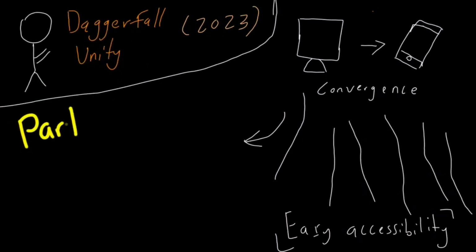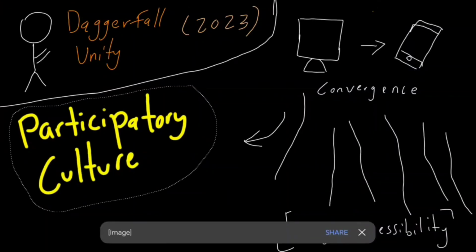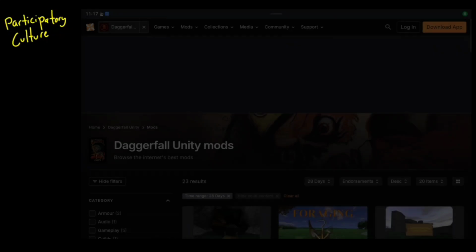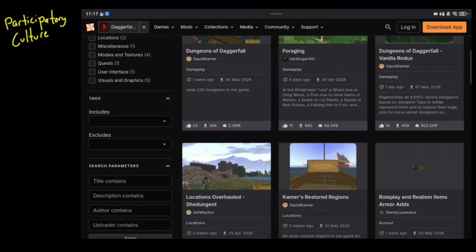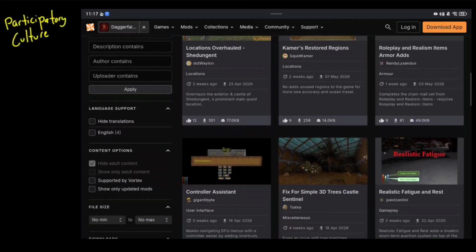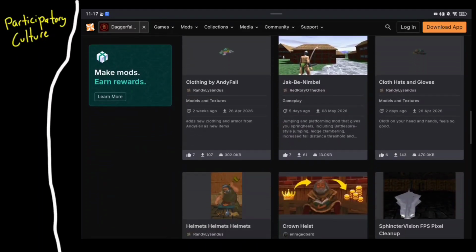And not only that, Daggerfall Unity gives an increased chance for participatory culture. What is the role of participatory culture in Daggerfall Unity? Well, I found out that they have a mod community, especially on a website called Nexus Mod. Now, in Nexus Mod, and it's very self-explanatory, they post mods for the game.